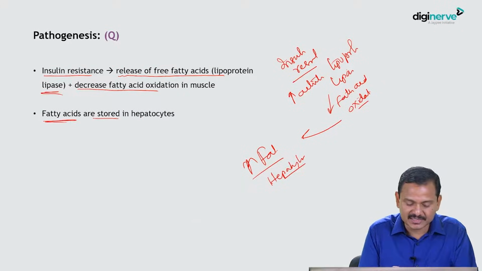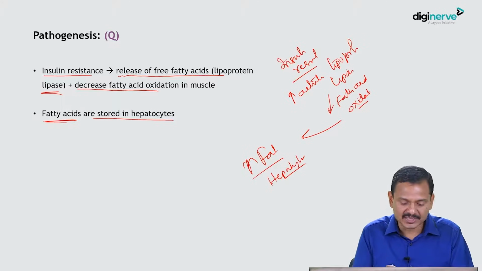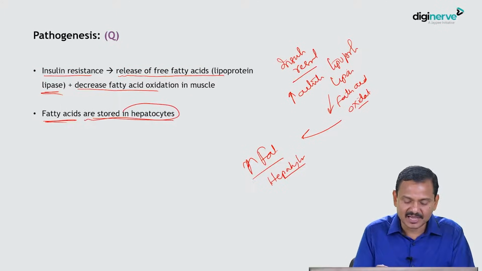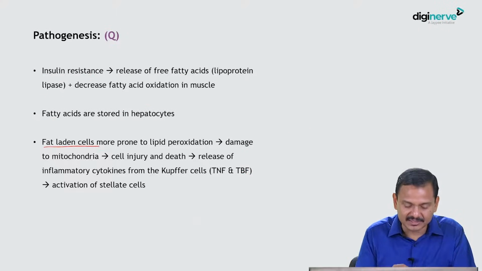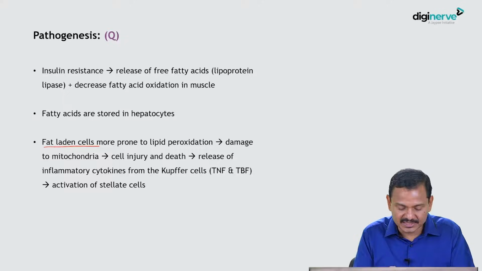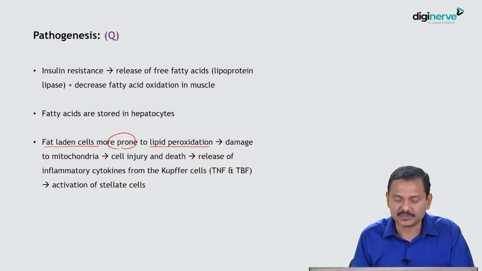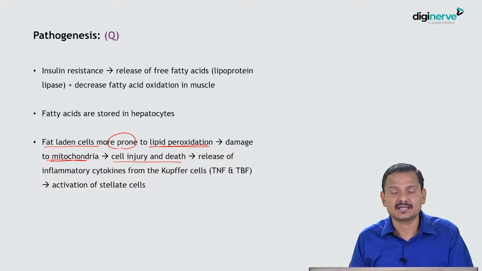So fatty acids are stored in the hepatocytes, and once the hepatocytes are rich in fat, they can undergo lipid peroxidation. So fat-laden hepatocytes are prone to lipid peroxidation, and this lipid peroxidation, because of damage to mitochondria, will lead to cell injury and cell death.